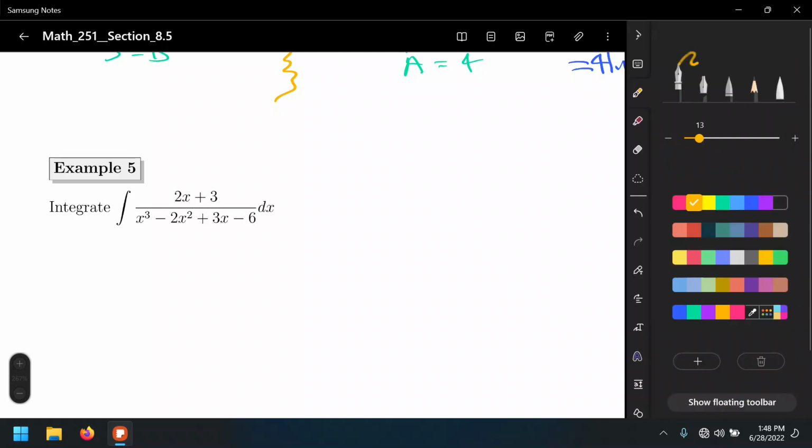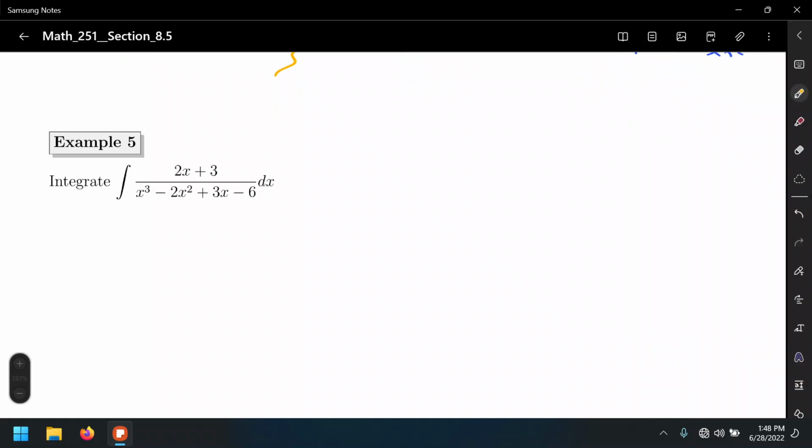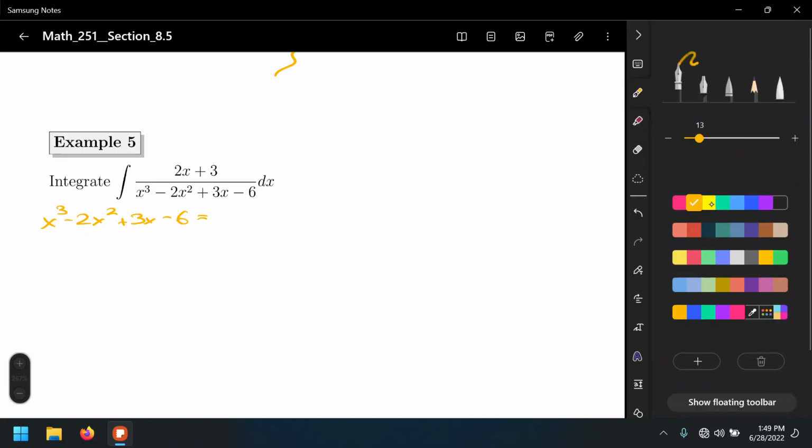So I'm going to do that sort of on the side. Well, let me do x cubed minus 2x squared plus 3x minus 6. Because we have 4 terms, we will factor this by grouping.